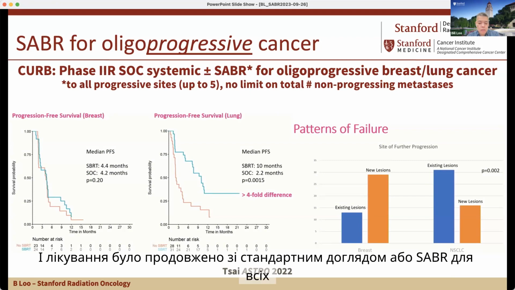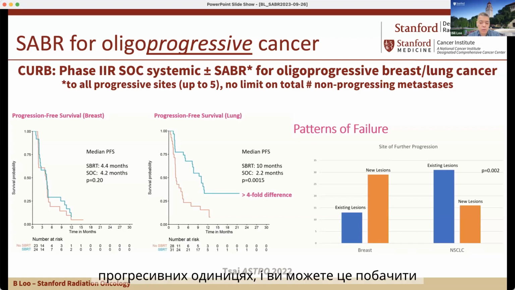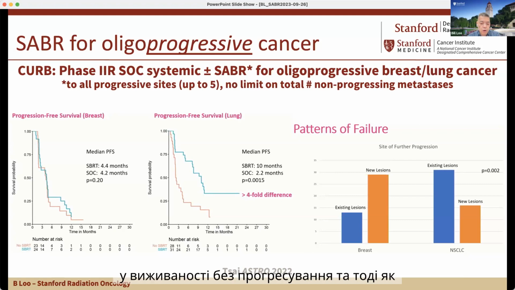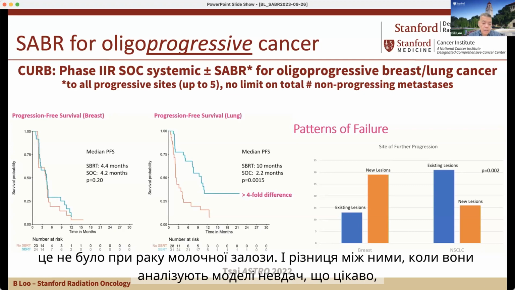The treatment was continue with standard of care or SABR to the oligoprogressive sites only. And you can see that in the lung cancer population, this resulted in an improvement in progression-free survival, whereas it didn't in breast cancer.